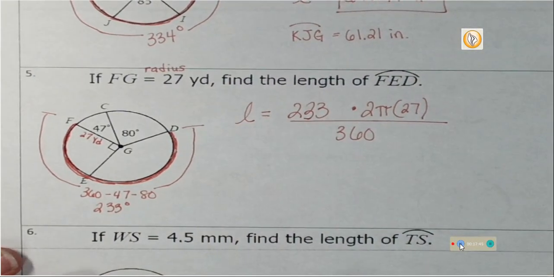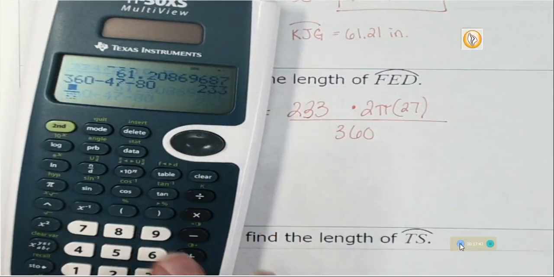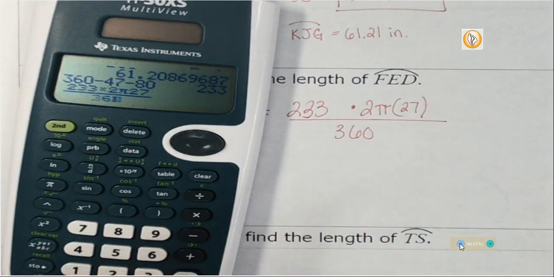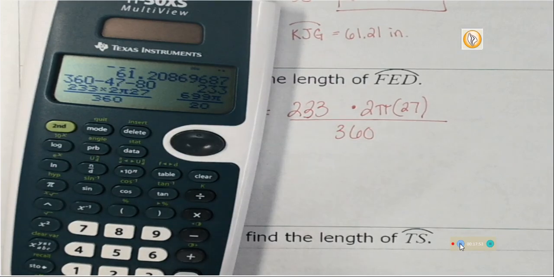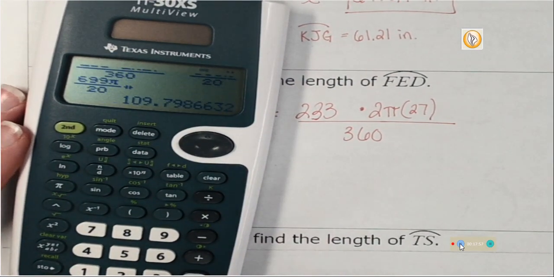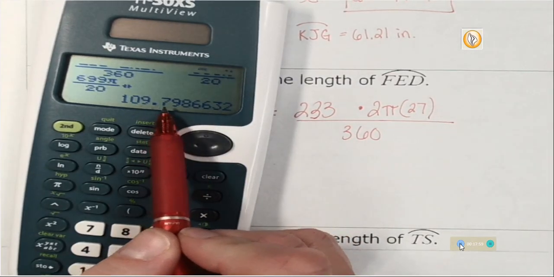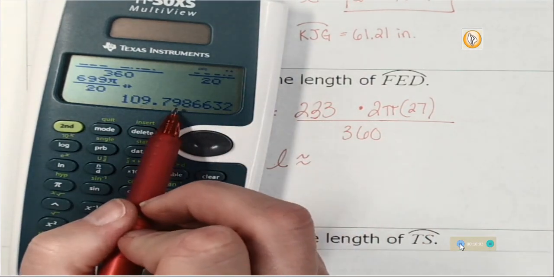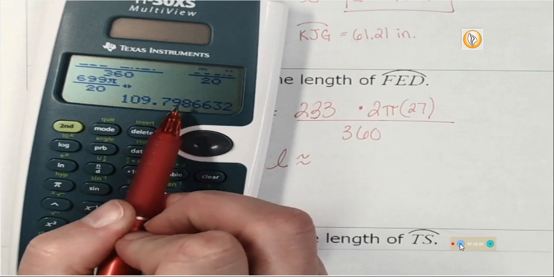And I'm going to type that in. So big fraction, 233 times 2 pi 27 over 360 is 699 pi over 20. Let me turn it to a decimal. Round to the hundredths place. So my length is approximately, now, what is an 8 going to do to 79?